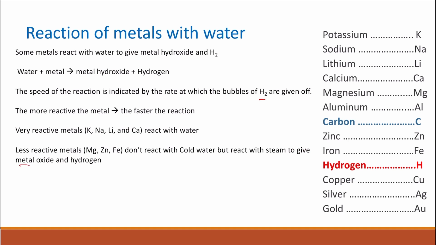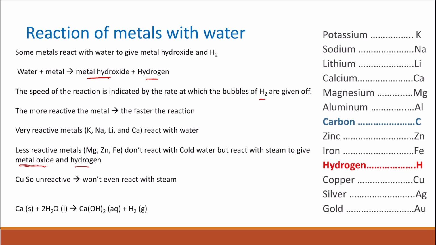They will give metal oxides and hydrogen. Copper is so unreactive that it will not even react with steam. So remember that the reaction of the less reactive metals with steam will give metal oxides and hydrogen, but the more reactive ones will give metal hydroxides and hydrogen.